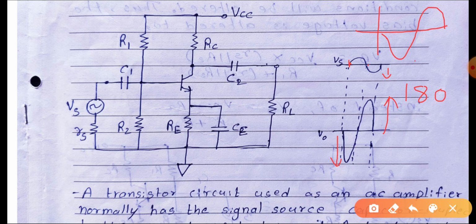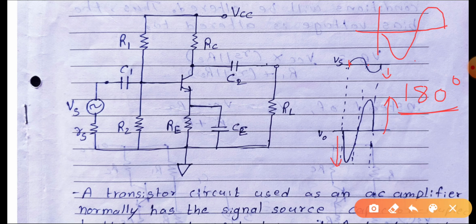So each and every time you connect a single stage CE amplifier, you will get a 180-degree phase shift in your output. So that is why multi-stage amplifiers are very useful.